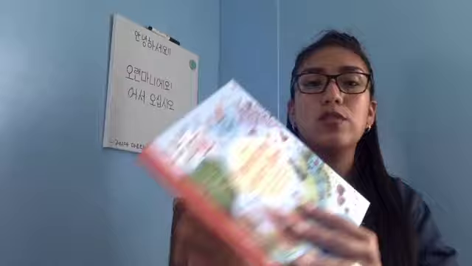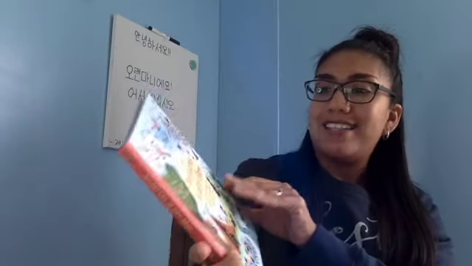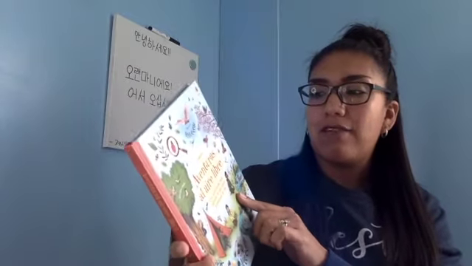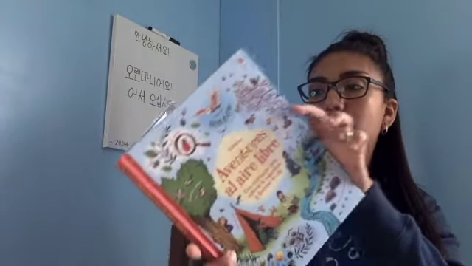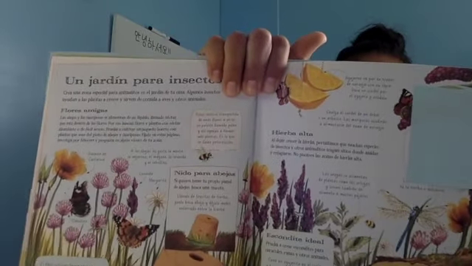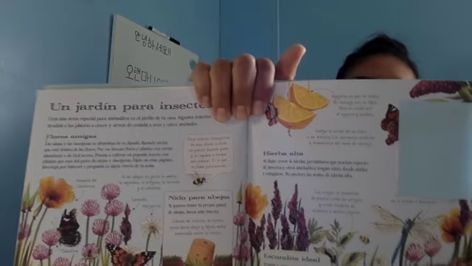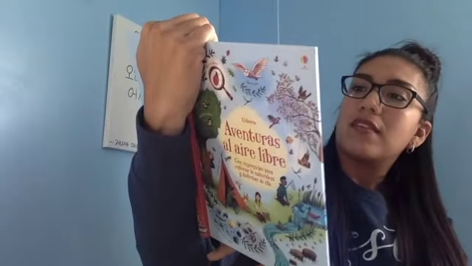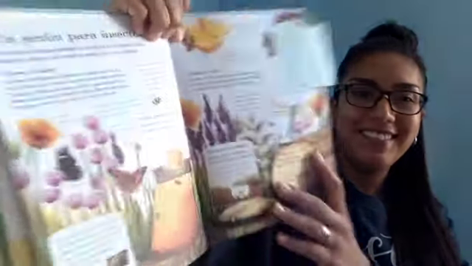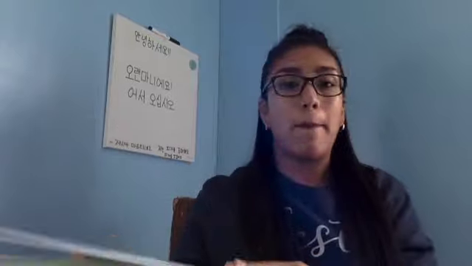All right. This one is super cool too. It's an Usborne book. It's in Spanish, and it is outdoor adventures. And I found this one where it tells you how to make a, what do you call it, a jardín outside that is conducive to insects coming into your backyard.